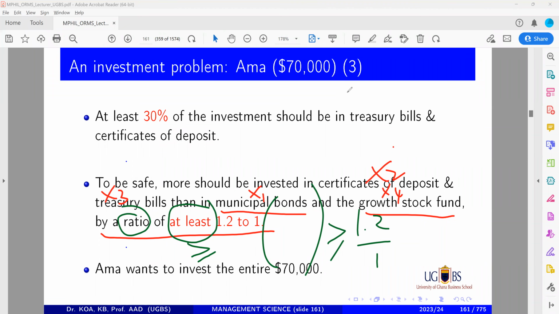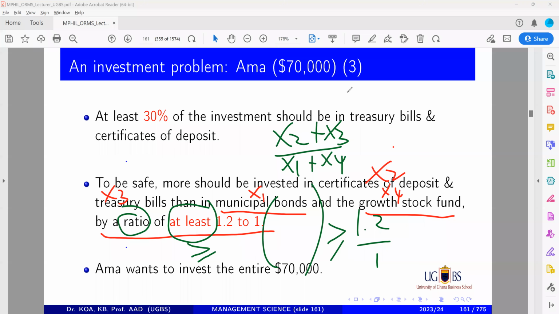The numerator will be the certificates of deposit and their x's, so x2 plus x3. That's okay. Then what will be the denominator? Remember, the ratio has already been given on the right-hand side, so you are just mimicking it. x1 plus x4, that's it.